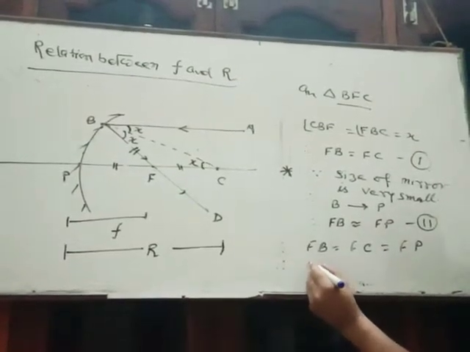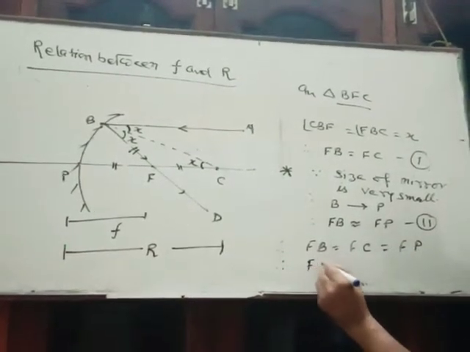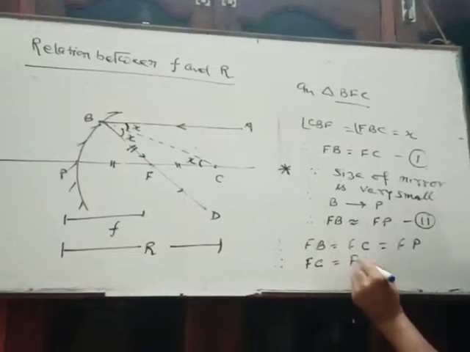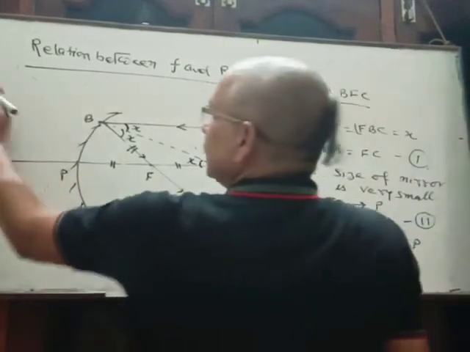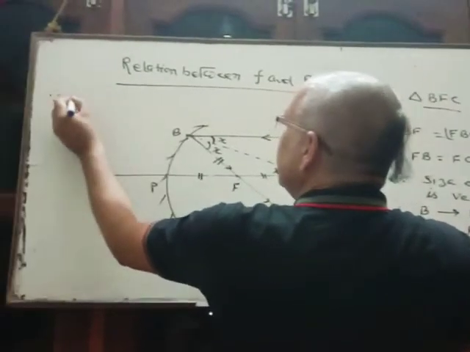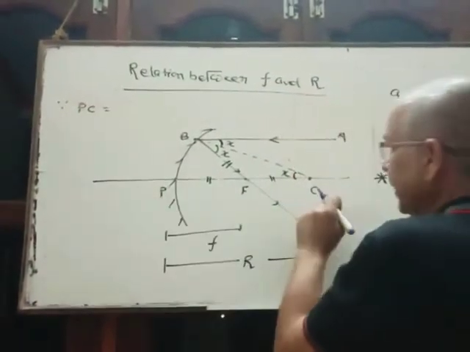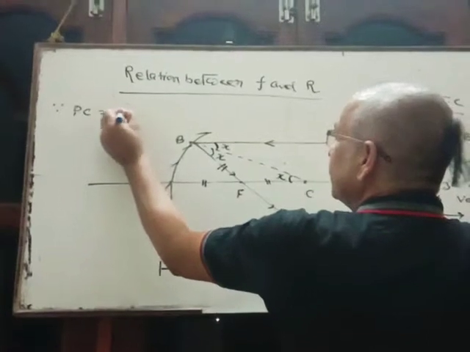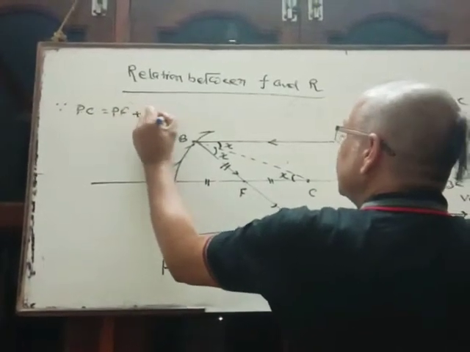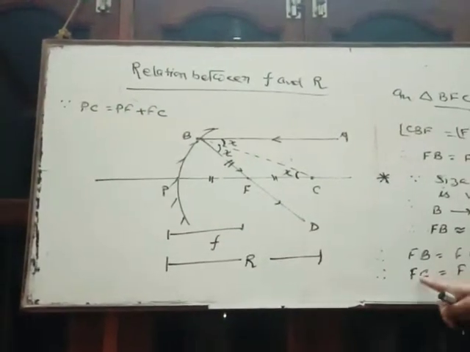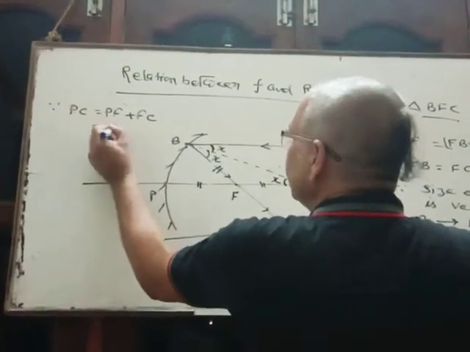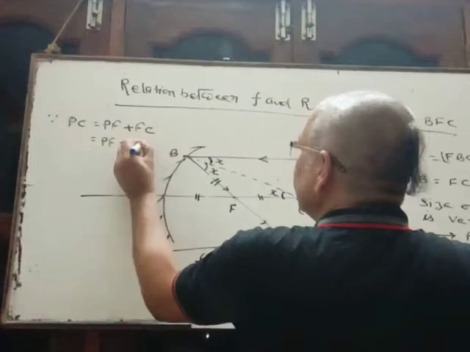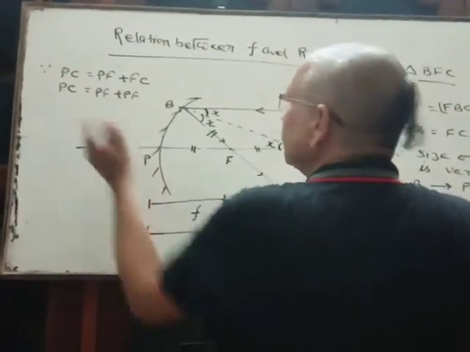Therefore FC is equal to FP. Here, since PC can be written as PF plus FC, and PF is equal to FC, instead of FC write PF, so it becomes PF plus PF is equal to PC.